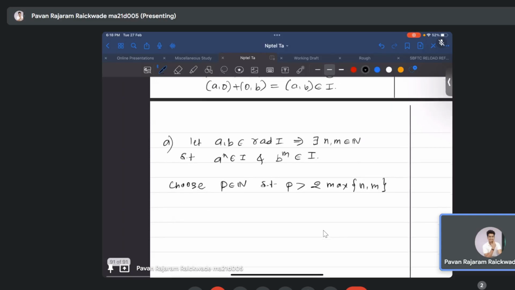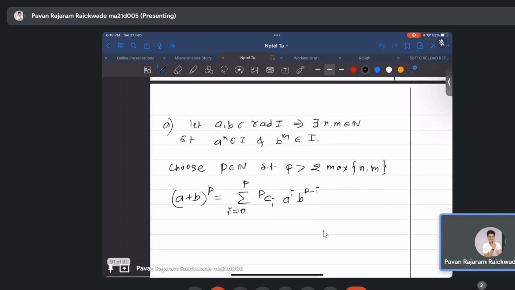See why I am doing this: if I now expand (a+b)^p, I get the summation of pCi a^i b^(p-i), i going from 0 to p.